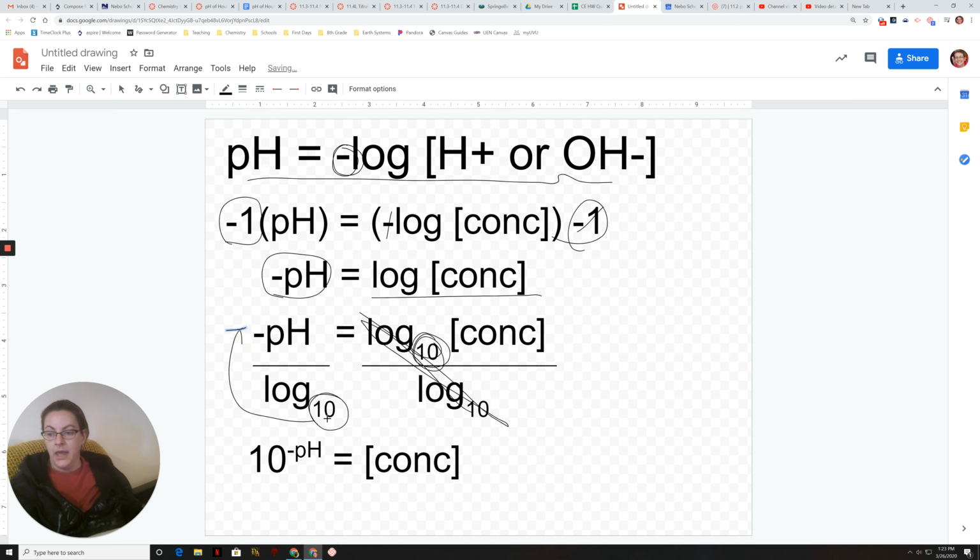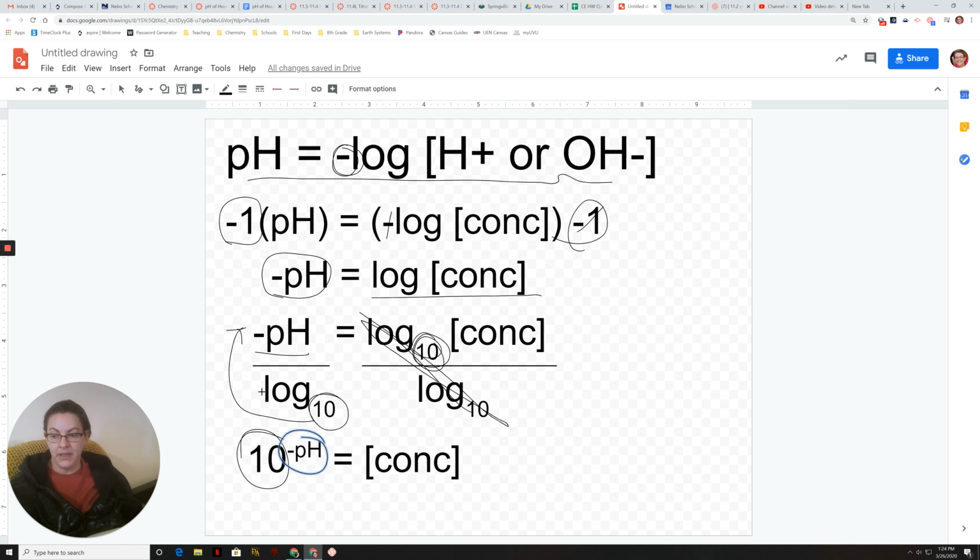And this now becomes your coefficient, and the pH here becomes the exponent of whatever your base number is. So in this case, it's 10.